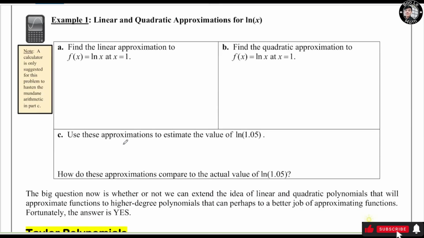Now example number 1. Find the linear approximation to f of x equals ln x at x equals 1.